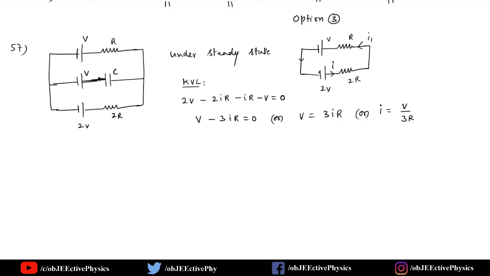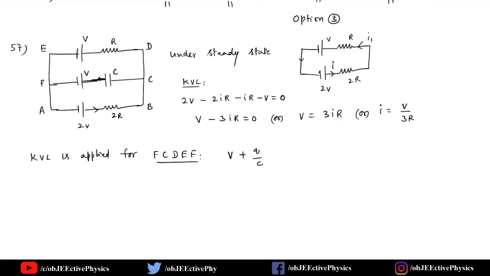Now let us take the names here A, B, C, D, E and F. So now KVL is applied for F, C, D, E, F, the upper portion of the circuit. According to KVL, V plus Q by C, the potential difference across the capacitor.